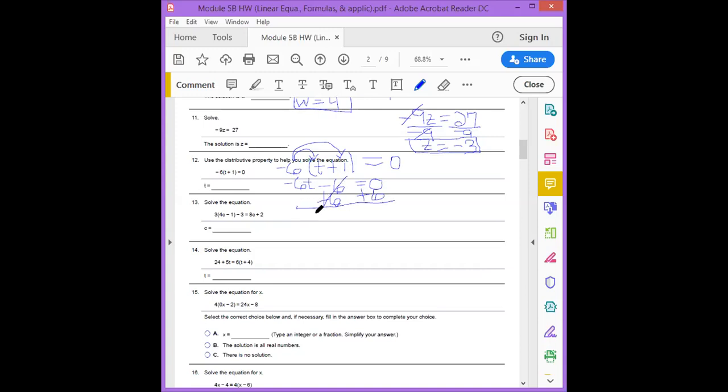Bring down your -6t. On the left side, bring down your equal sign. And then 0 plus 6, that just gives us 6. So -6t equals 6.